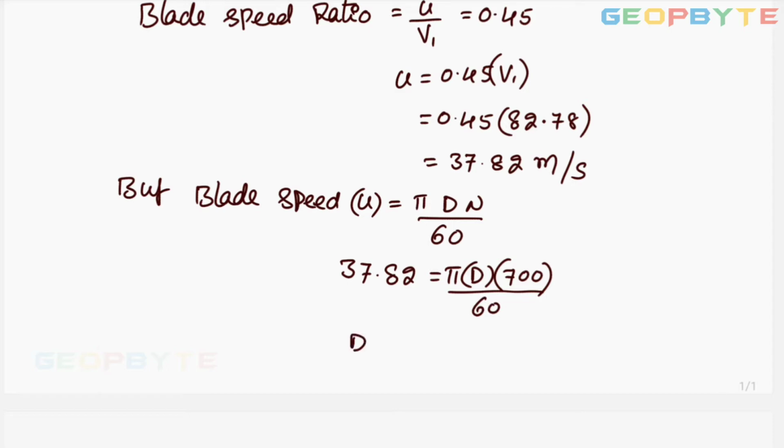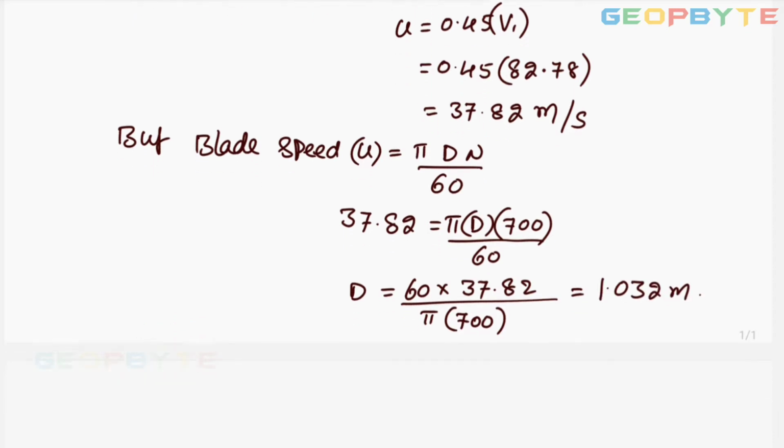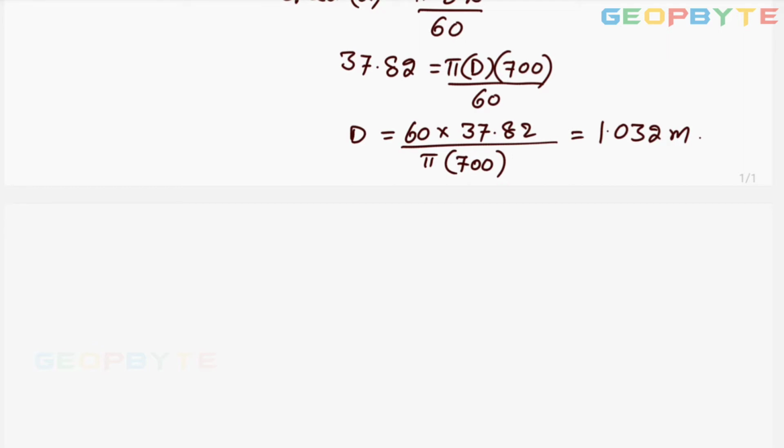From this, diameter equal to 60 multiplied by 37.82 divided by pi into 700. Simplify this value for getting the wheel diameter 1.032 meters. Then it is given that the jet diameter is 1/6 of the wheel diameter.